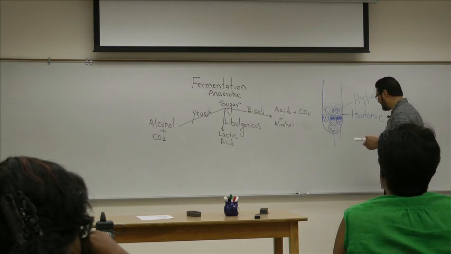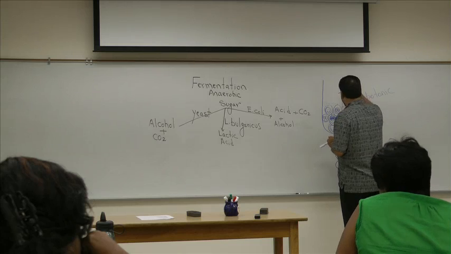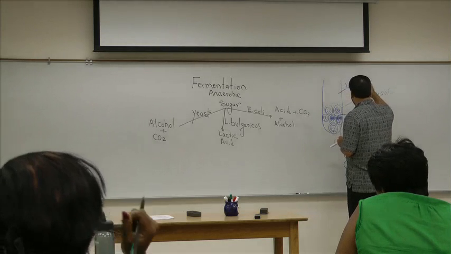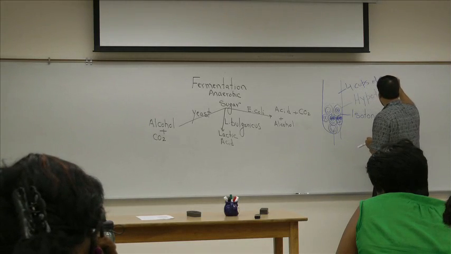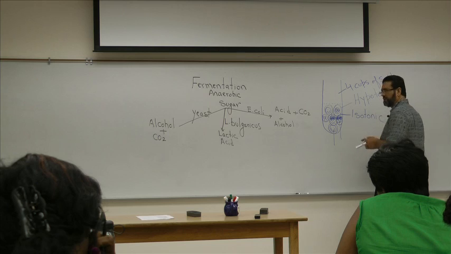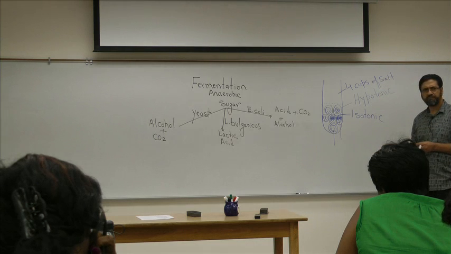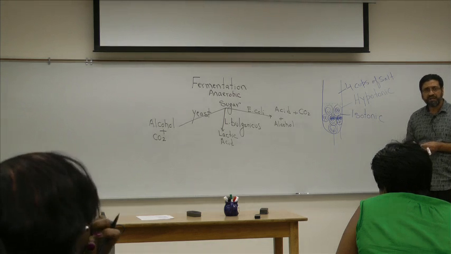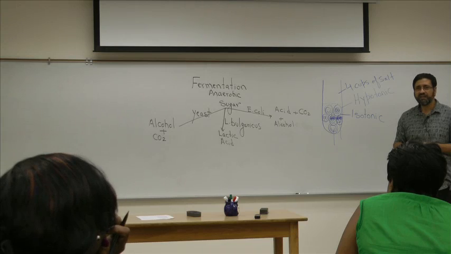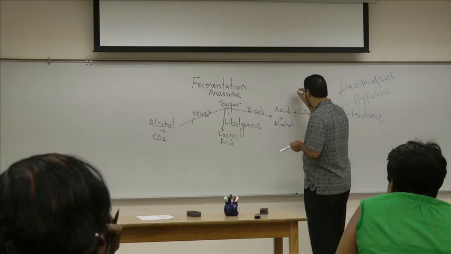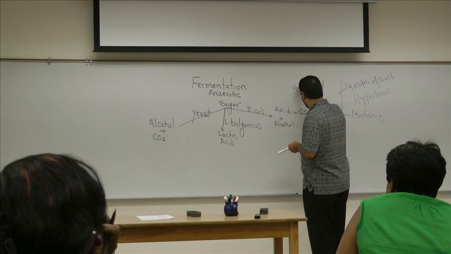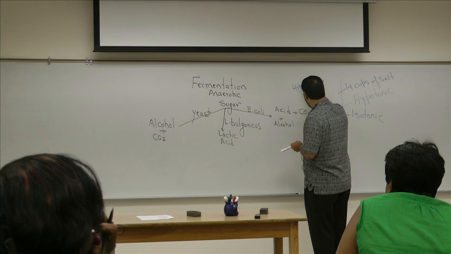Now what if I add 4 cups of salt? What will happen to them? No, it is hypotonic, now you'll make it isotonic. Salt. So what type of environment am I creating? Hypertonic.